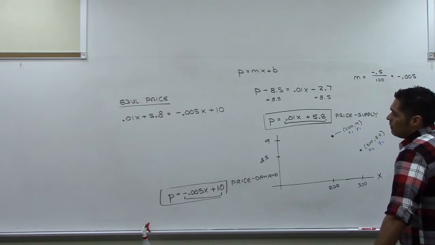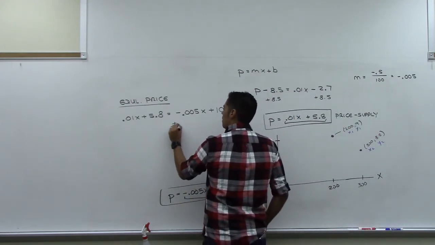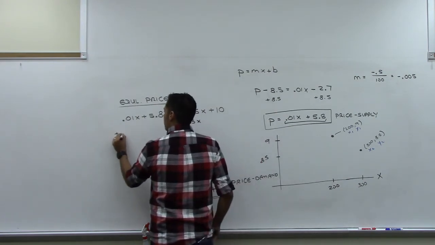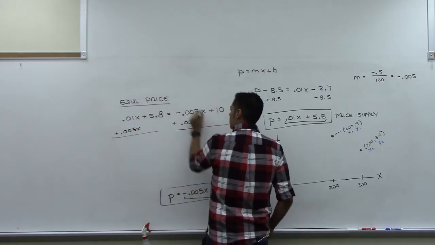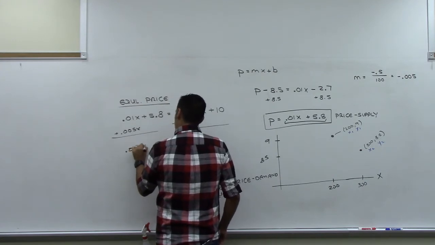Okay, so if I try and get x by itself here, I can add 0.005x here and add 0.005x here. If I do that, it's going to go away here. I'm going to get 0.015x.